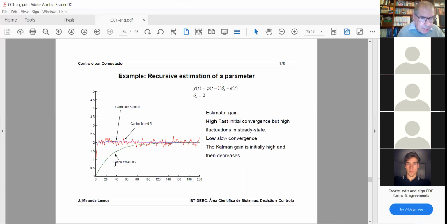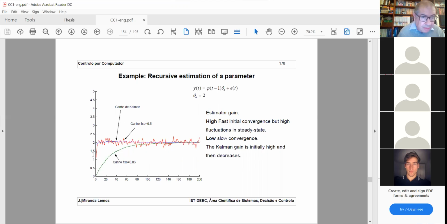And you can see that with a fixed gain, you have this green line here. It converges slowly to the true value of 2, and then stays there more or less, fluctuating very little. Now, if you increase the gain, here we had 0.03. Now I have a gain of 0.5, so more than 10 times.